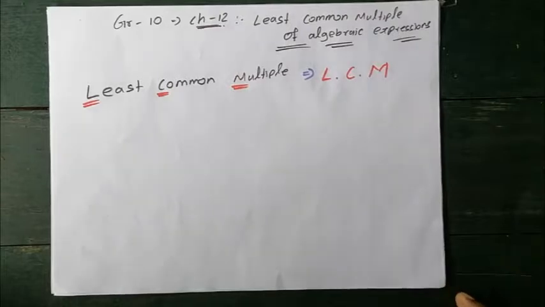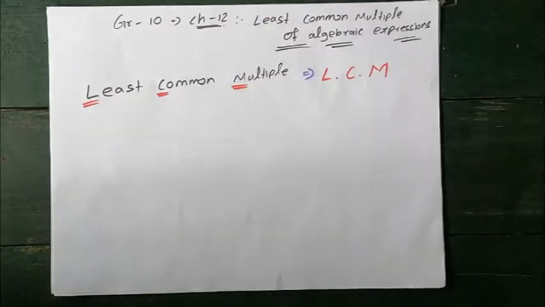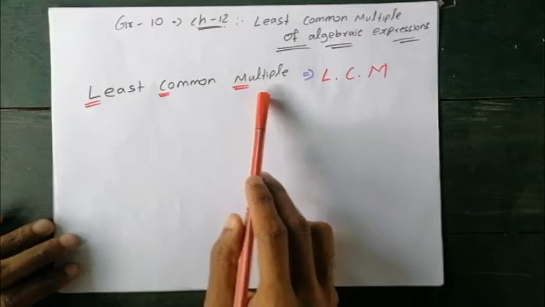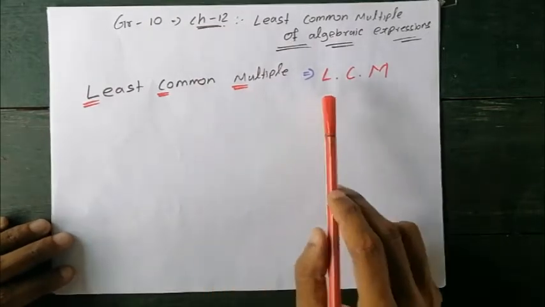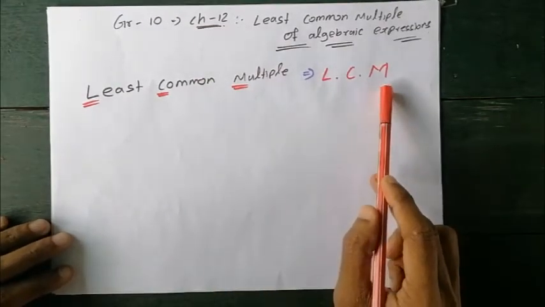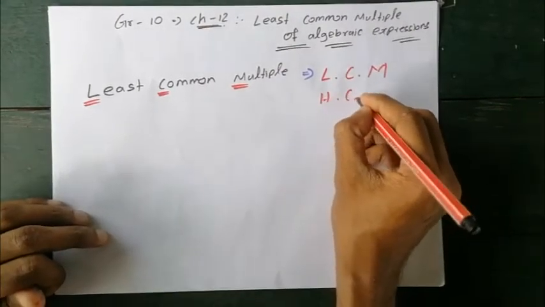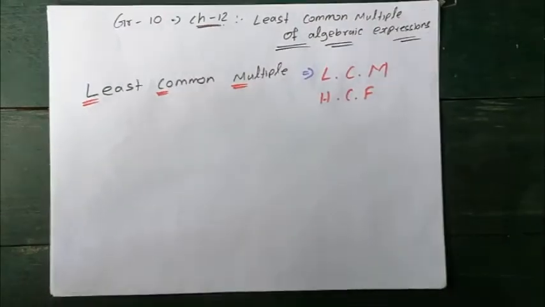Students, in this video we are going to start chapter 12, least common multiple of algebraic expressions. In the previous grades, from grade 5 I think, we studied LCM, least common multiple, in short form LCM. Another short form you can remember is HCF, highest common factor.